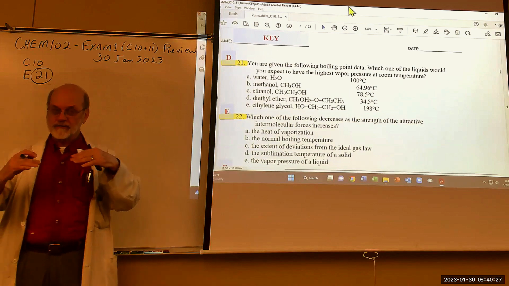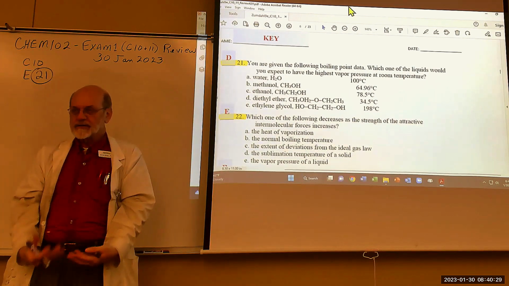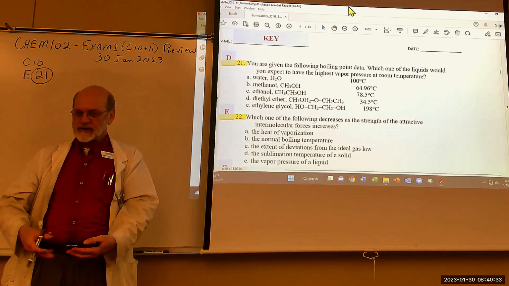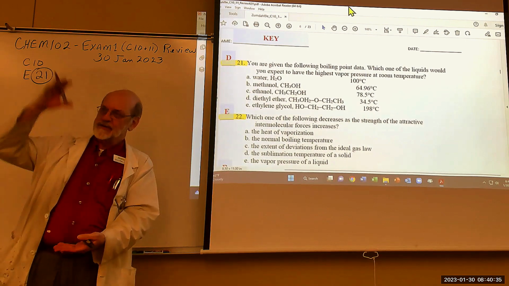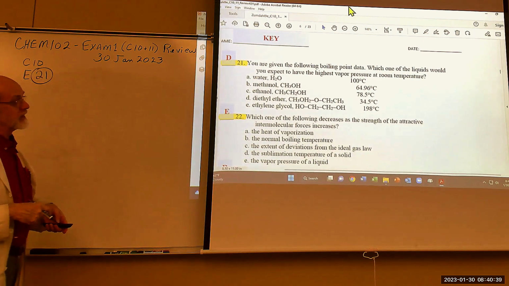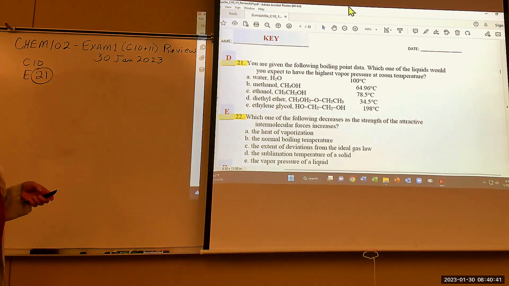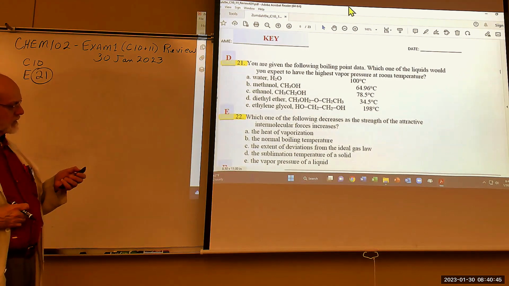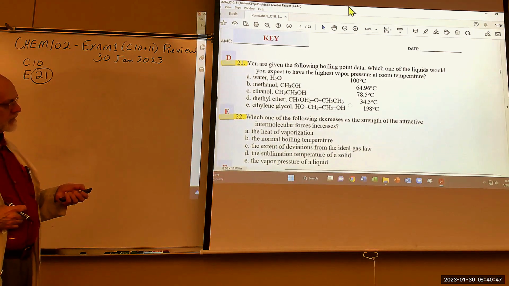Because the intermolecular forces are holding things in the liquid phase. So as they increase, there's not as many of them leaving the surface. That's why it's inverted. So what we're looking for is the highest vapor pressure would have the lowest boiling point, which would be that one right there, diethyl ether.